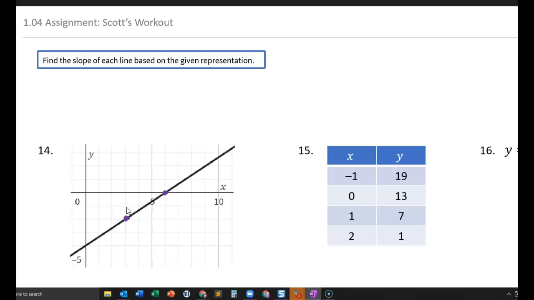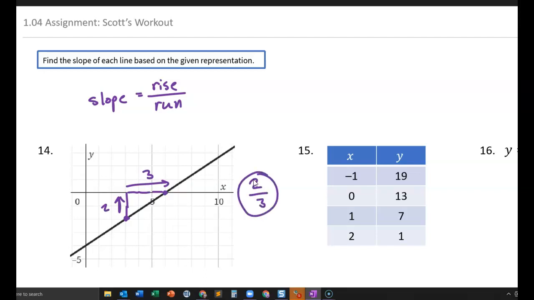So we notice this goes up 1, 2, and then over 1, 2, 3. Slope in a graph, slope is rise over run. So we went up 2 and over 3. That means rise over run is going to be 2/3 for this one.